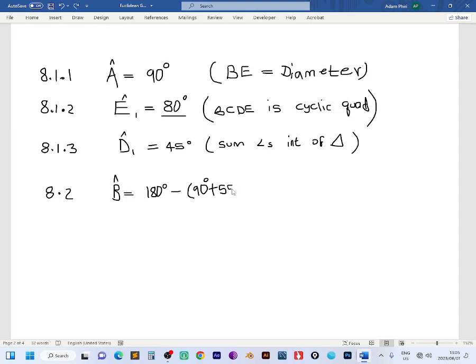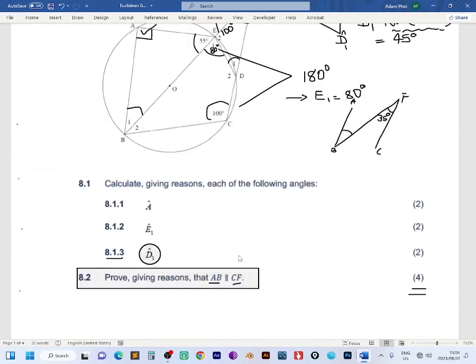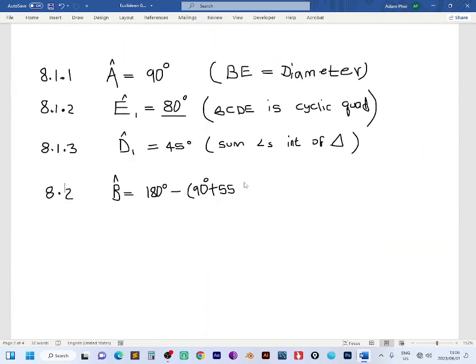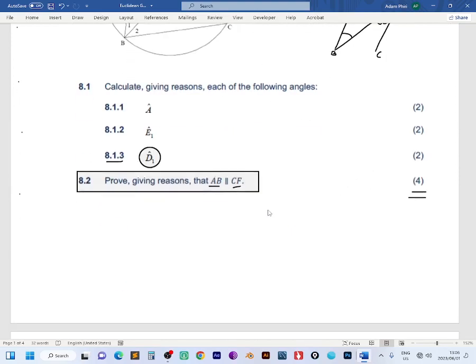It's not 50, it's 55, if I'm not mistaken. So that's 55 degrees. And then once again, we find 180 minus 90 plus 55. That gives us 35 degrees.